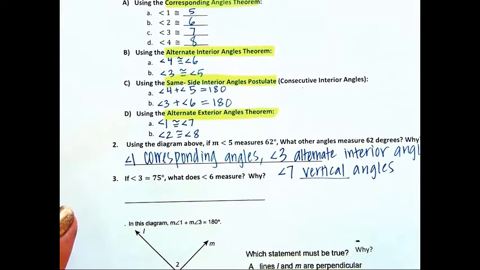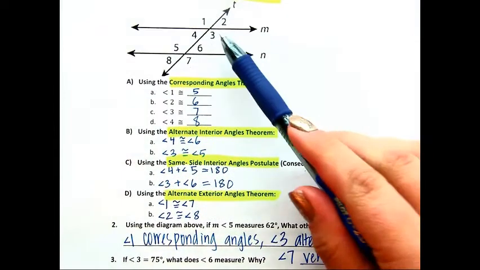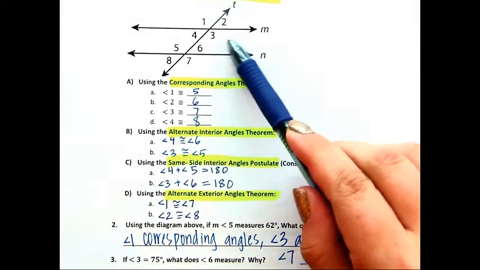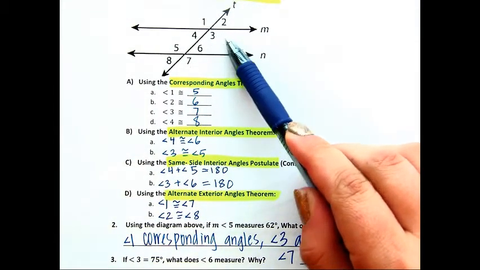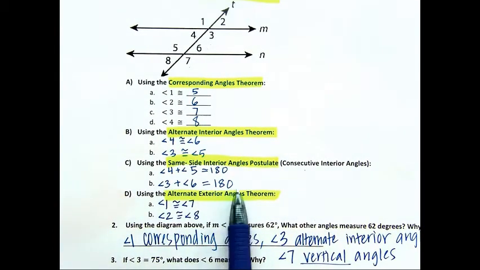Number 3, if angle 3 equals 75 degrees, what does angle 6 measure and why? If I look at my two parallel lines cut by a transversal up here, 3 and 6 are same side interior angles. And I know from part C that angle 3 and angle 6 added together equals 180 degrees.